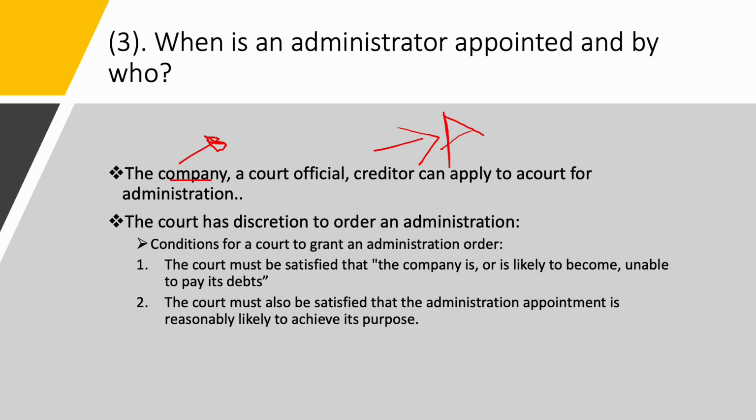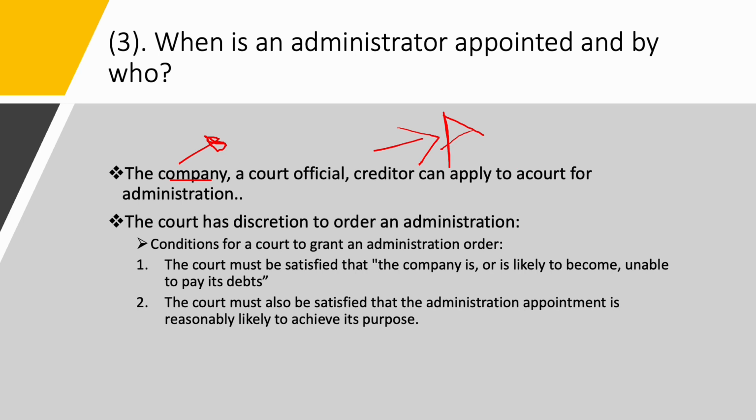So they want an administrator to come in to manage the affairs of this company, to ensure that some secured creditors are paid, to ensure that the company is restructured in such a way that it can continue operating. And of course, this is all about reviving a company for the interest of creditors and other stakeholders within the company.